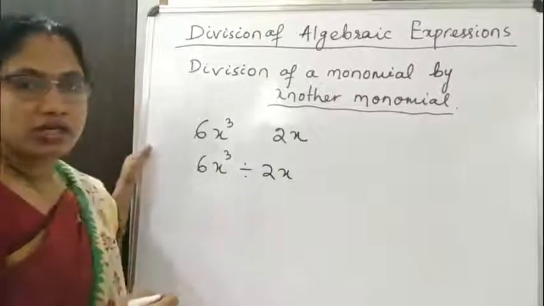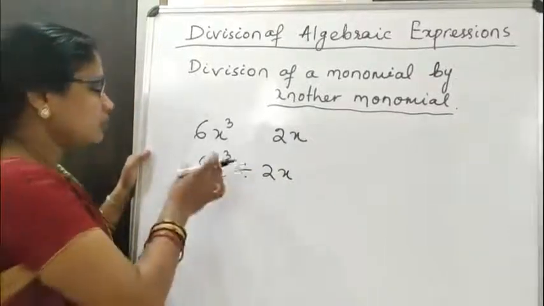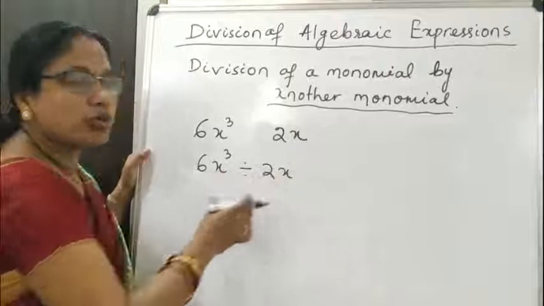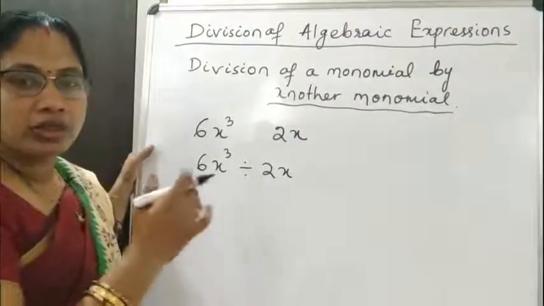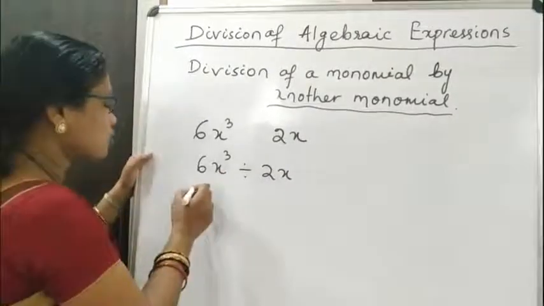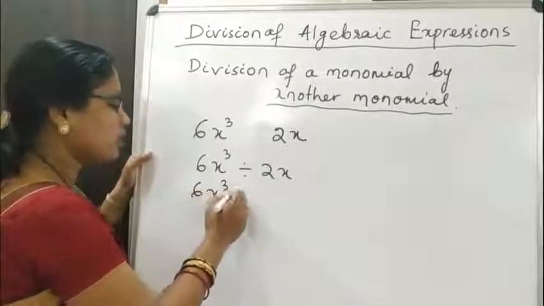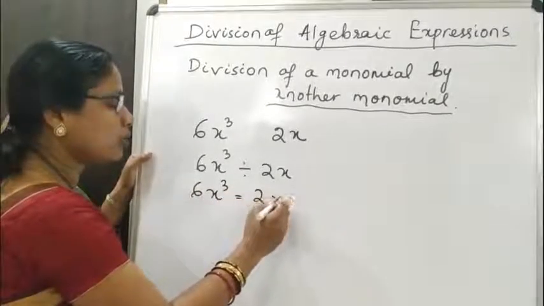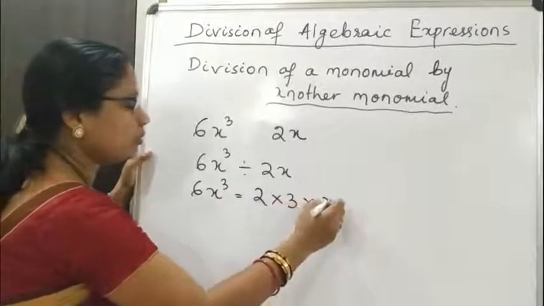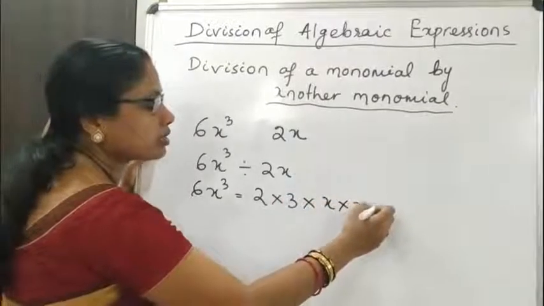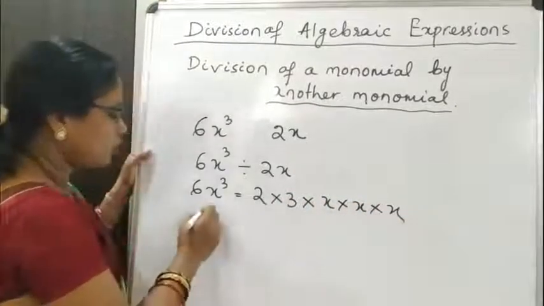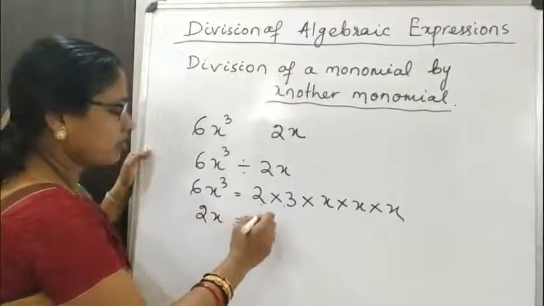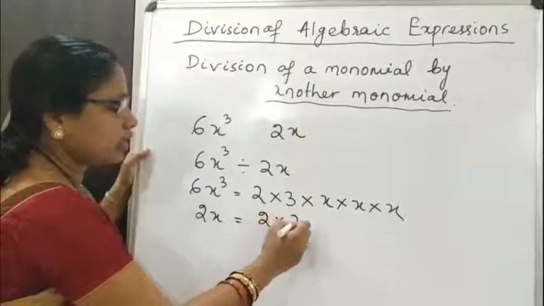First we have to factorize these two monomials into irreducible form. So 6x cube is equal to 2 into 3 into x into x into x, and 2x can be factorized as 2 into x.